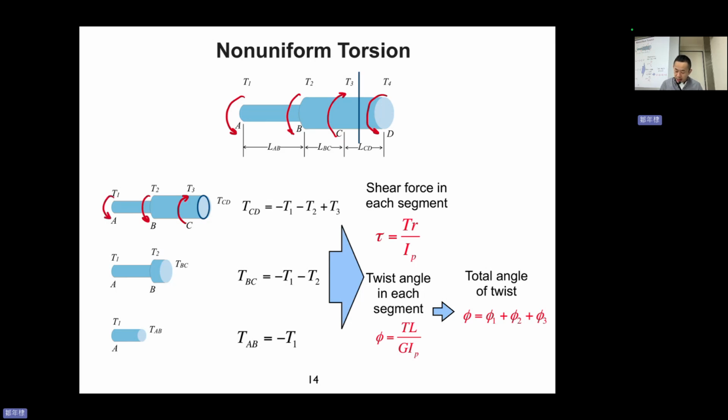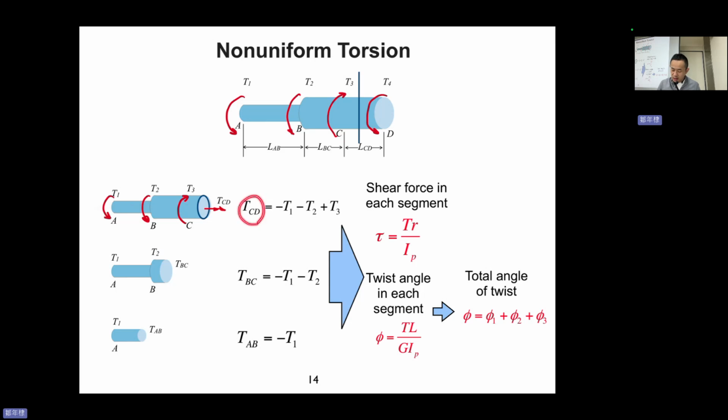Your TCD is the internal torsion in between, length CD, and we assume it positive. And T3 points to the left-hand side because your thumb points to the left, so this is negative, and the others are positive.